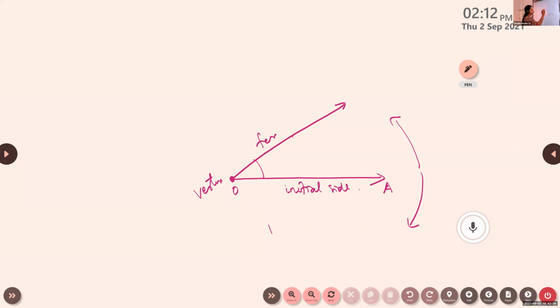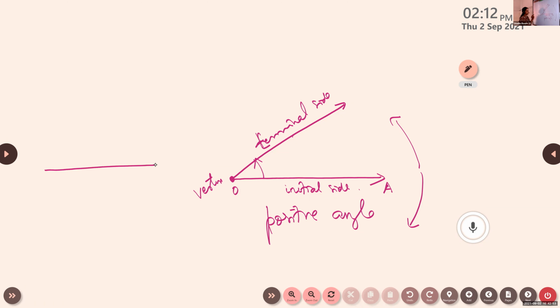This is the terminal side, the ending side. Whenever we measure the angle anti-clockwise, we call it a positive angle.